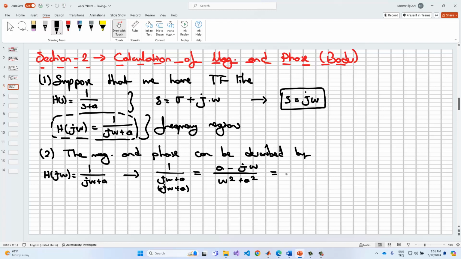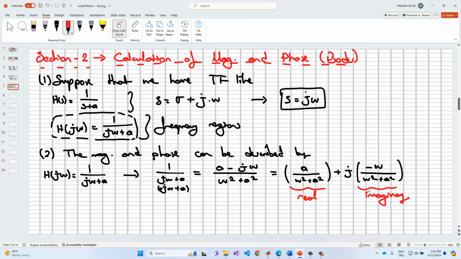And so we can split this form as a over omega squared plus a squared, plus j times minus omega over omega squared plus a squared. In this case this is the real part, and this is the imaginary part.